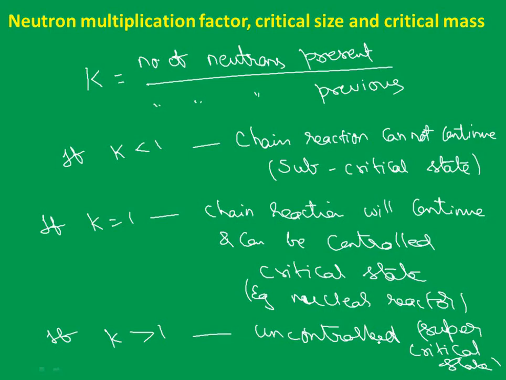To sustain the chain reaction, the mass of uranium should be equal to or more than a particular amount of mass, and we call that mass the critical mass, and of course the size also. Are you getting the point here?